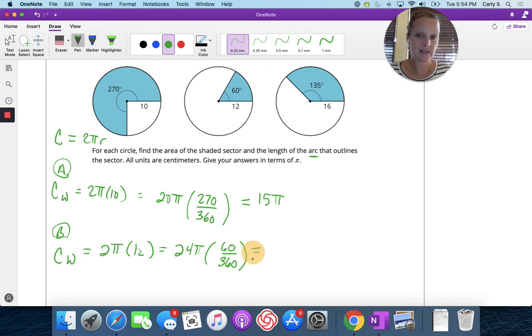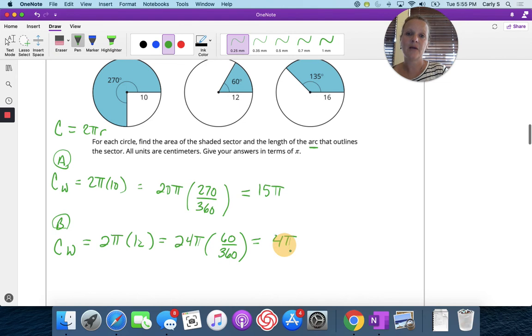So 24 times 60 divided by 360 is 4 pi. Now it kind of makes sense that that arc length is going to be way smaller than A's arc length. Even though the radius is bigger, the piece of the pie is much, much smaller, so that arc length should be smaller. Okay, now with C, your radius is even bigger.